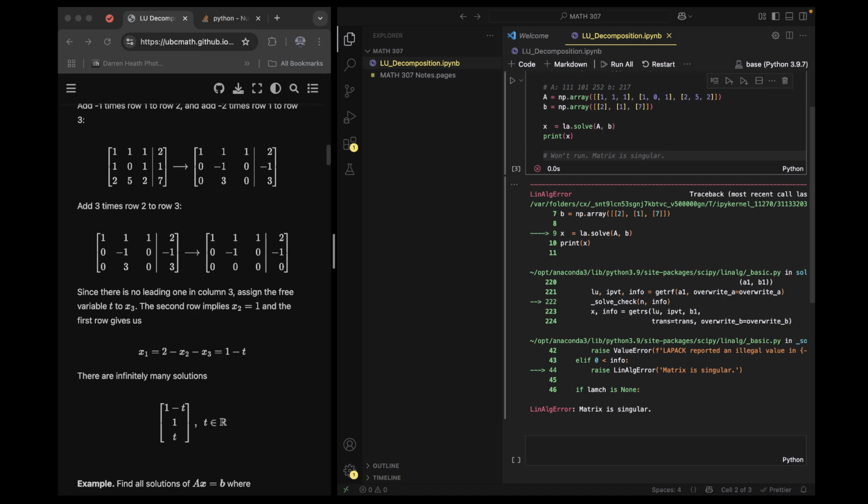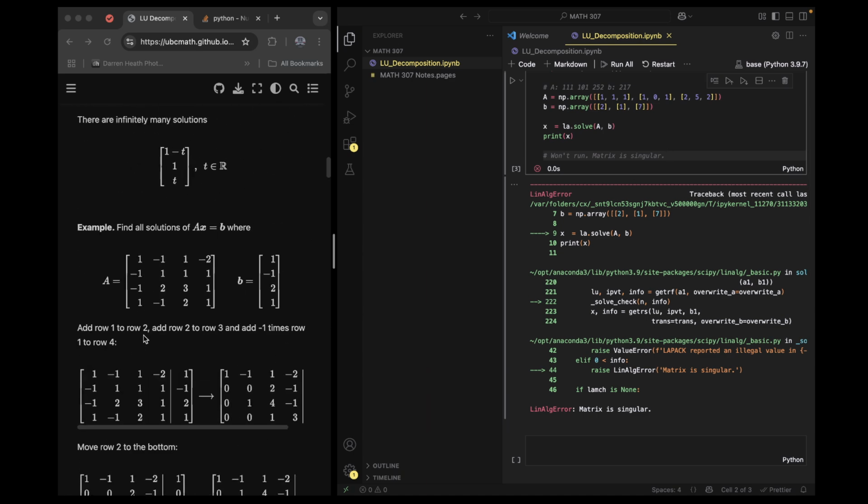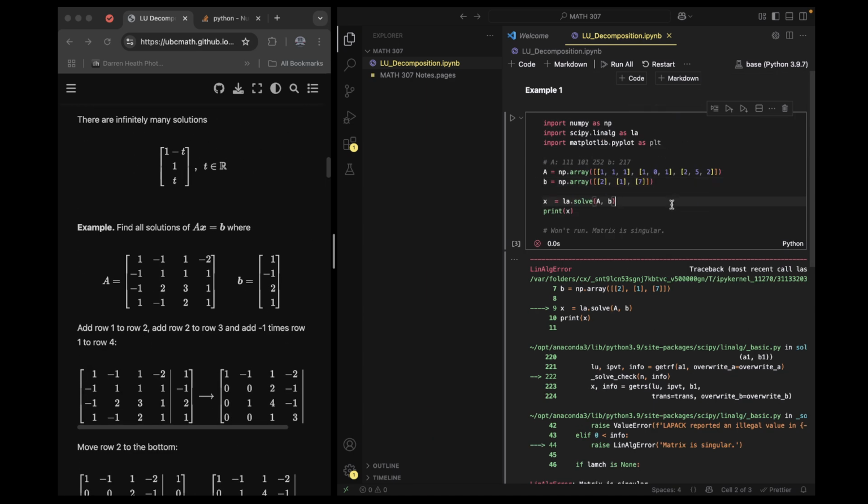Okay, that's gonna be it for this example, but why don't we try this?